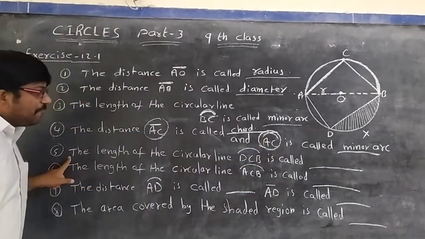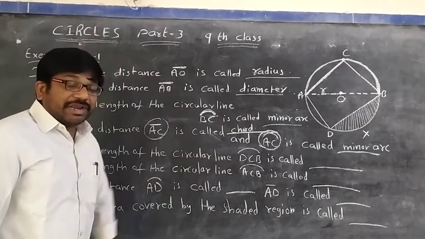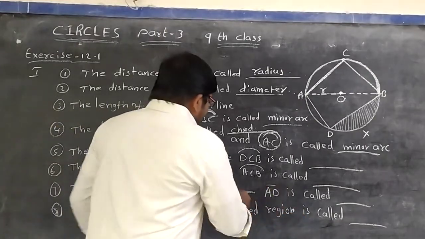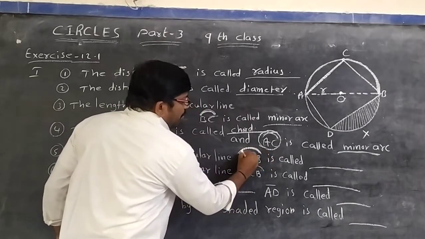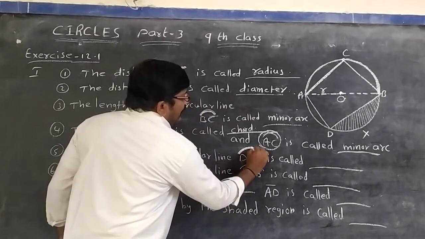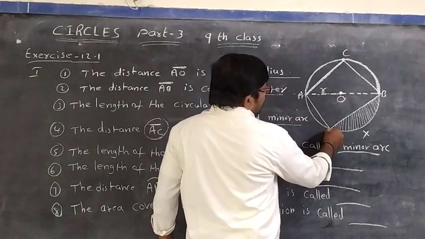Next, go for the fifth bit. The length of the circular line DCB, it is a curved shape. DCB arc represents an arc.